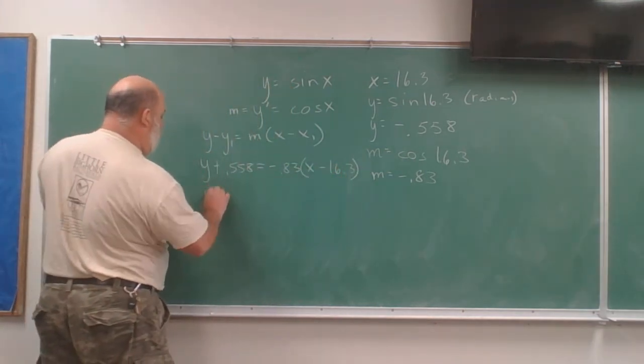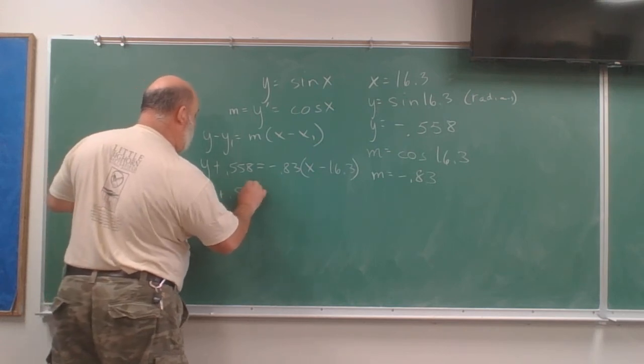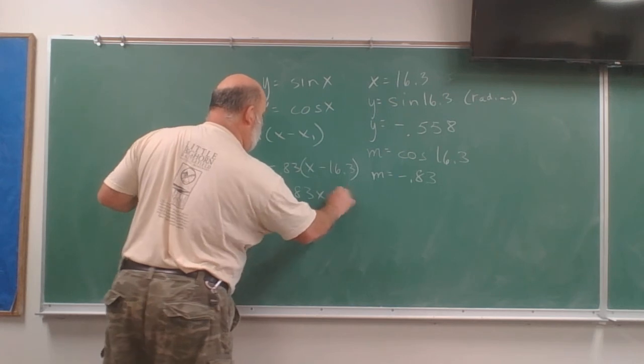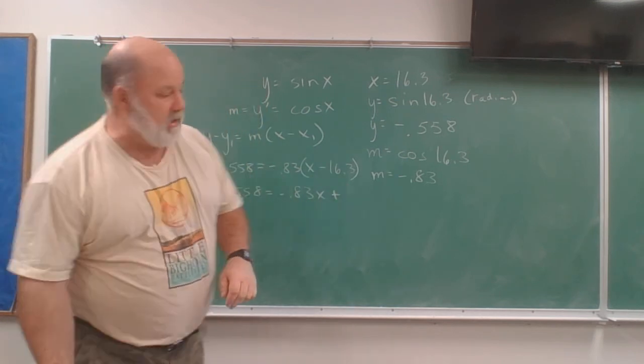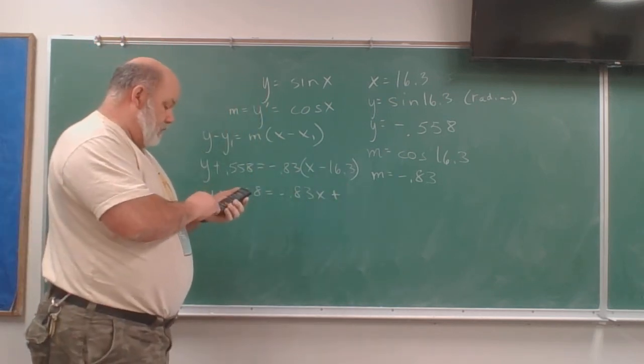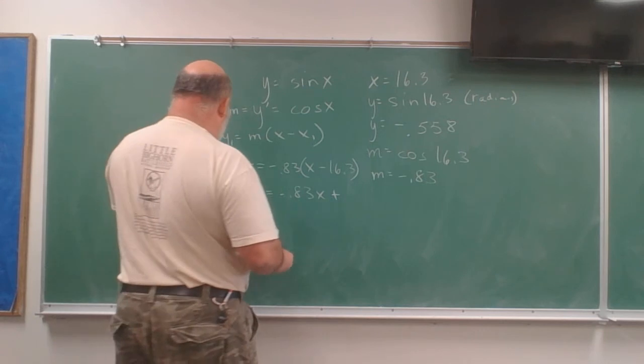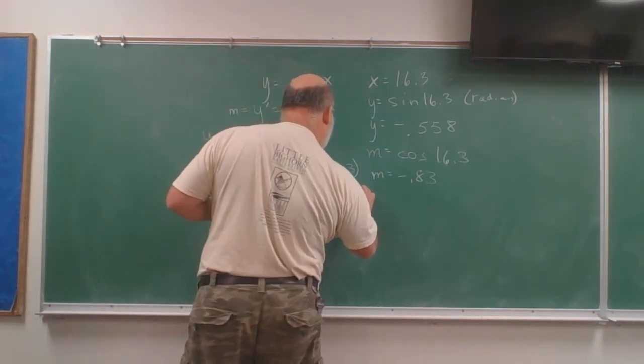So y plus 0.558 equals negative 0.83x plus, what is 16.3 times 0.83? 16.3 times 0.83 equals 13.53.